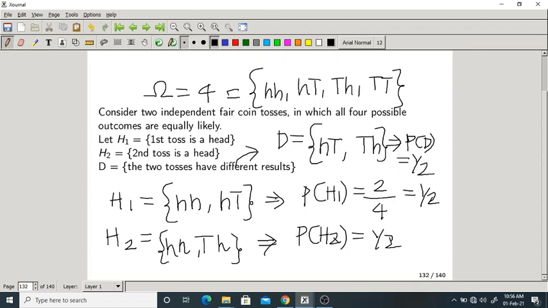Now you have these three events and their corresponding probabilities. Now I want to ask you one important question. What is H1 intersection H2? What is that? HH. H1 intersection H2 is HH.